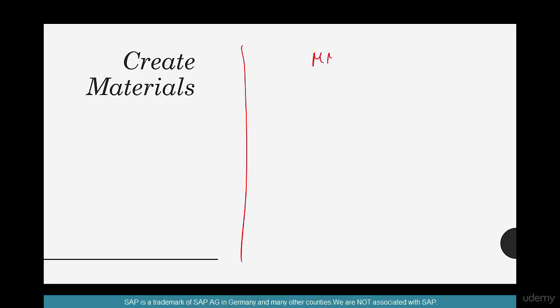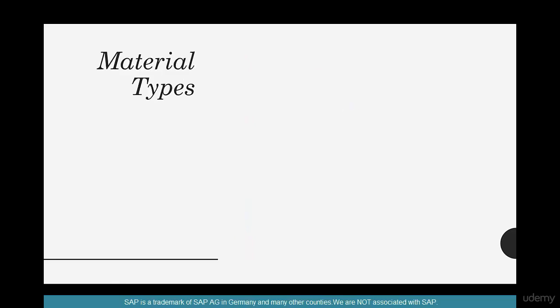The transaction code is MM01 to create, 02 and 03 to change and display. We have seen what material types are. We have seen 4 or 5 different material types for finished goods, Hawa for trading goods, Halbi for semi-finished goods, right? So on and so forth.